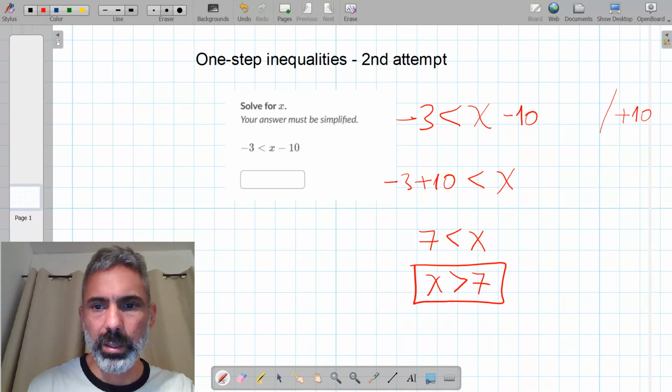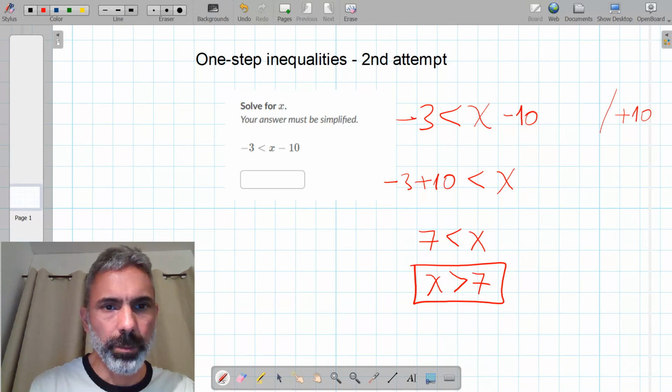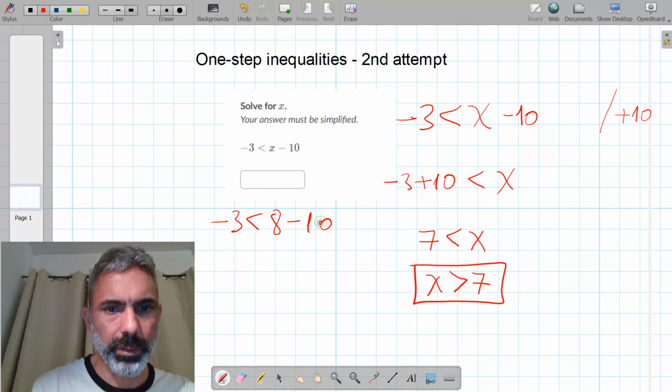So let's test this. Let's take 8, for instance, as the value of x, because 8 is greater than 7. So minus 3 is less than 8 minus 10. So 8 minus 10 is minus 2.